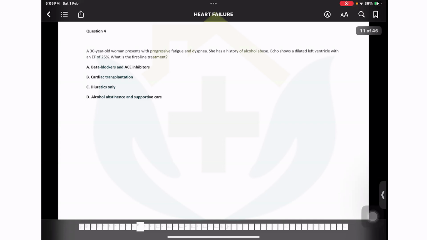Every revascularization decreases the incidence of SCD, sudden cardiac death, in patients with coronary artery disease. So as a precaution, you should run a coronary angiogram in all of these patients. Why? Because you have to rule out ischemia in all the cardiomyopathy patients before you go in for an expensive device like an ICD.